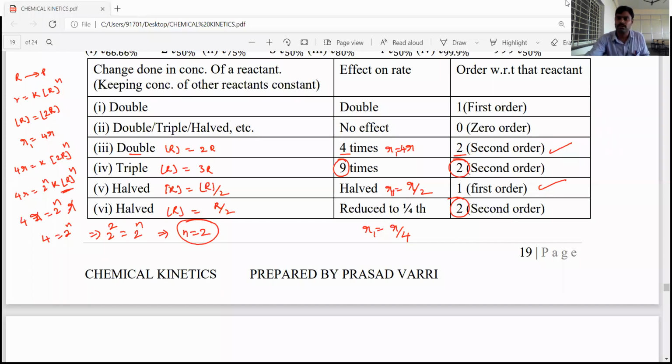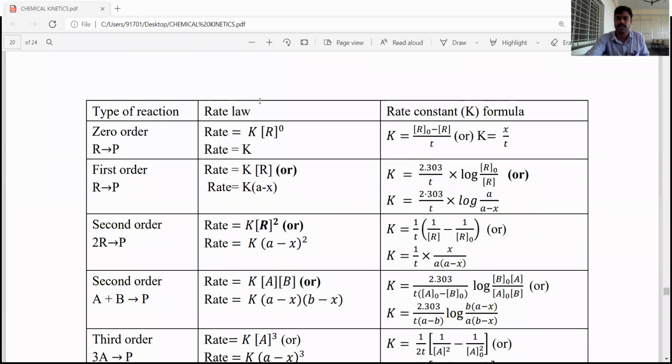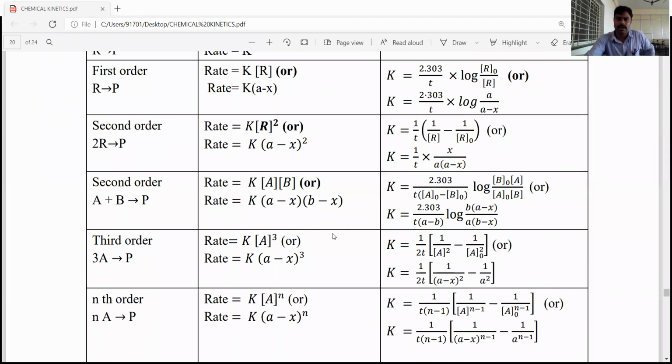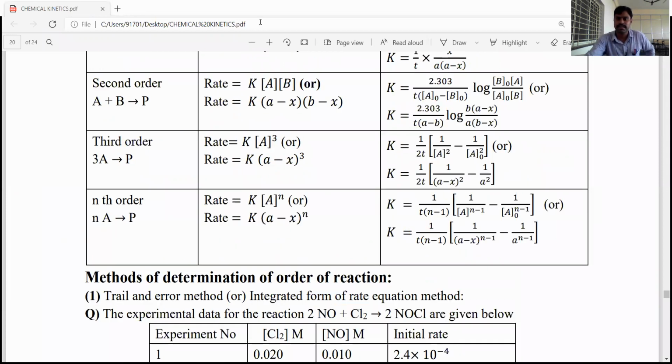Okay, and one more important thing. We already know the rate constant formulas for first order and second order reactions, but you just have to remember the nth order reaction rate constant formula. If you remember it, then the second order reaction becomes very easy, dear students.